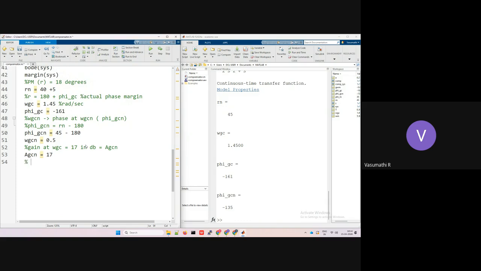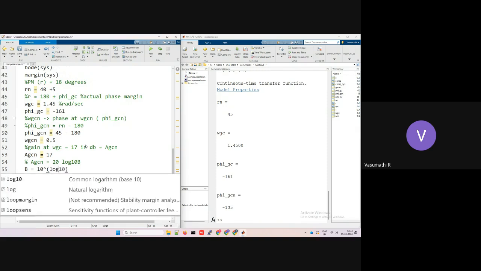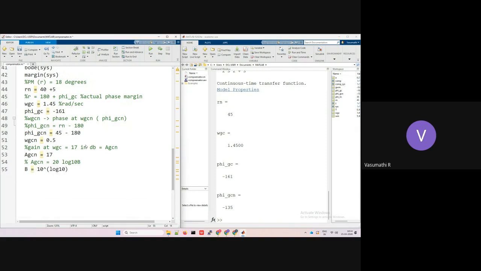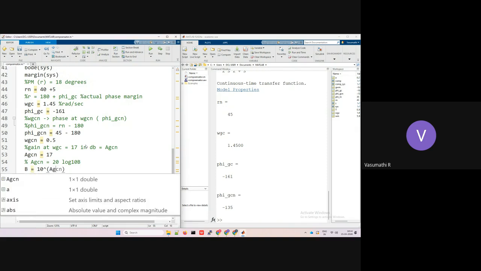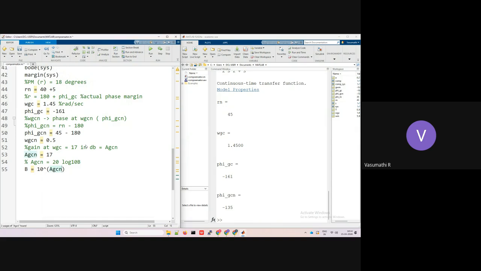The formula to find the beta is AGCN equal to 20 log10 of beta. That is B for now I'm keeping. So now you can find the beta out of this, right? Your beta B for your compensated transfer function is 10 power, if you bring log to the left hand side, 10 power AGCN divided by 20.